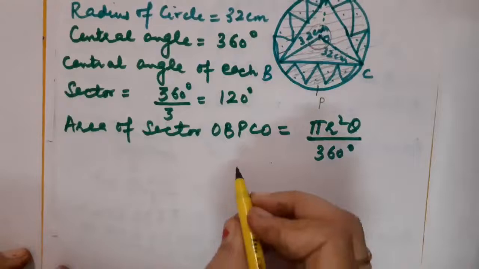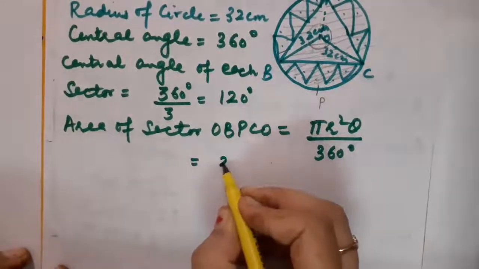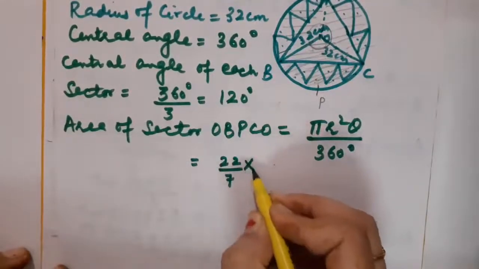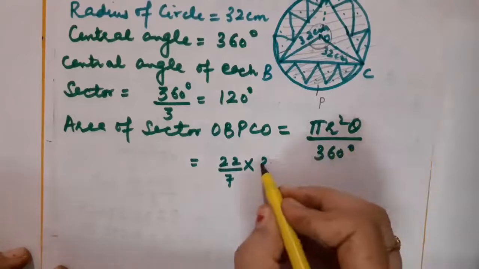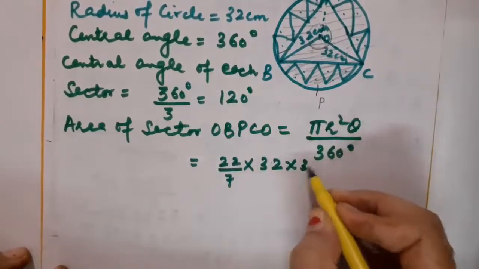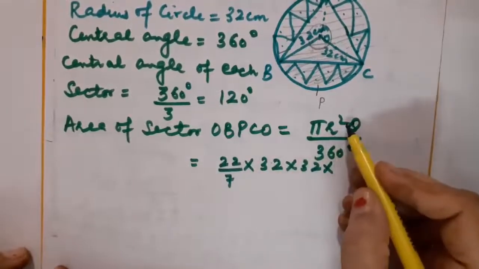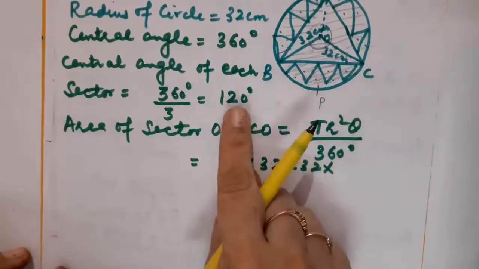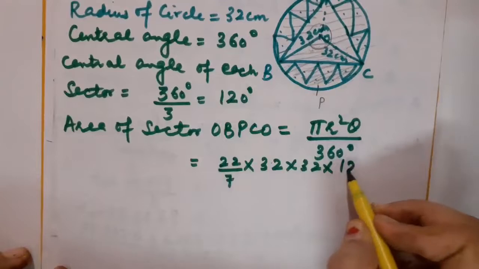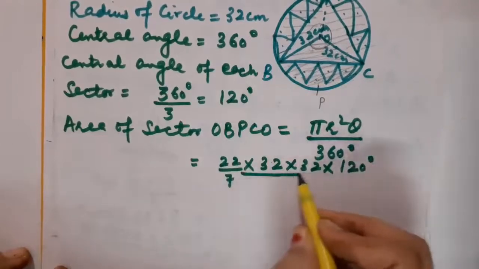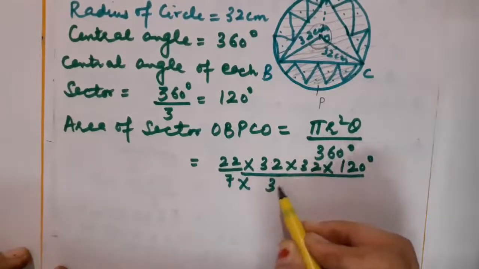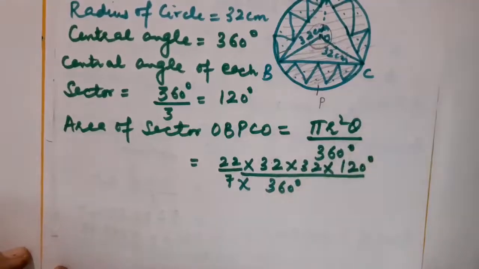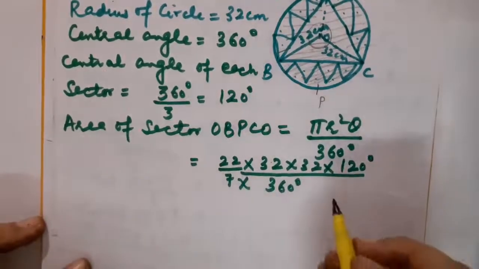So now children, let us calculate the area. The value of pi is 22/7 into, what is r? That is 32 centimeter. So it will be written twice because r square is there in the formula. And theta we have just calculated, that is 120 degree upon 360 degree. So let us calculate.